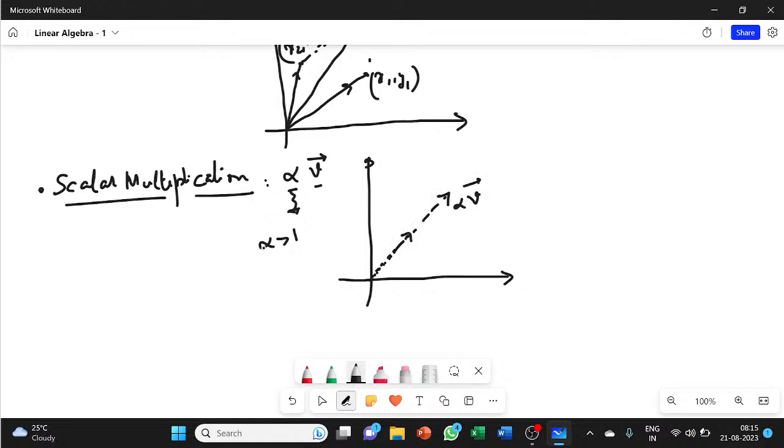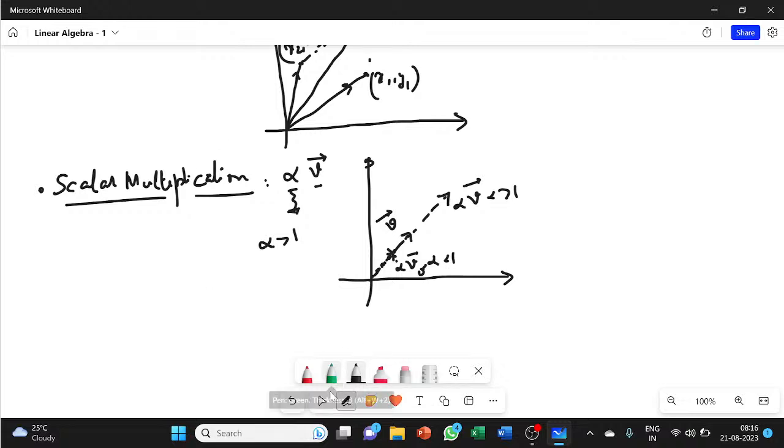If you multiply with alpha less than 1, then this will be your alpha v, shorter. And similarly, if you multiply with a negative number, it will go in the opposite direction. So this is what we call scalar multiplication.